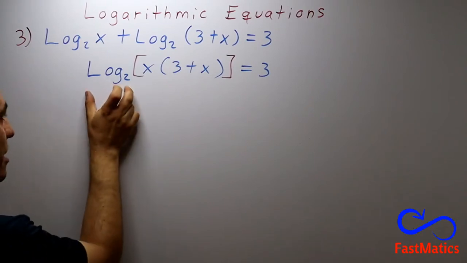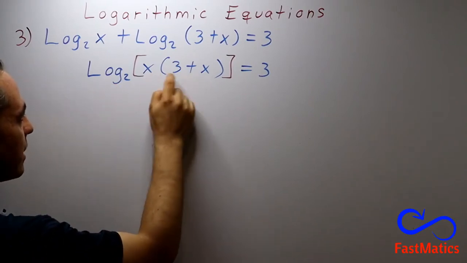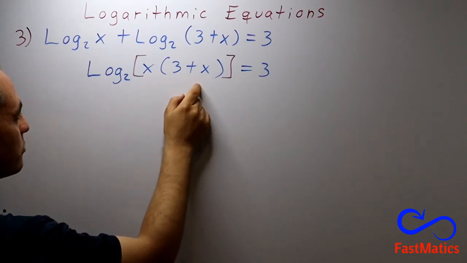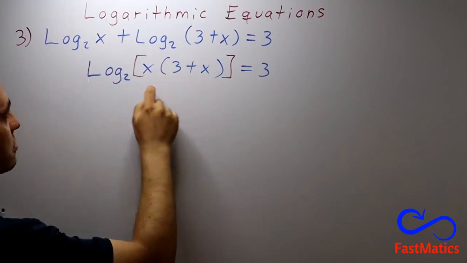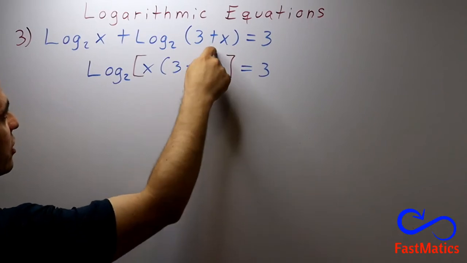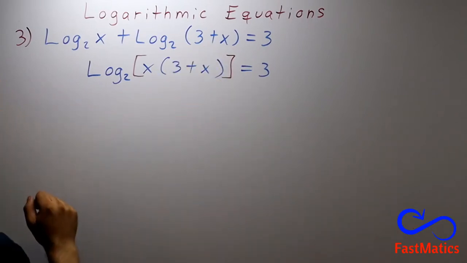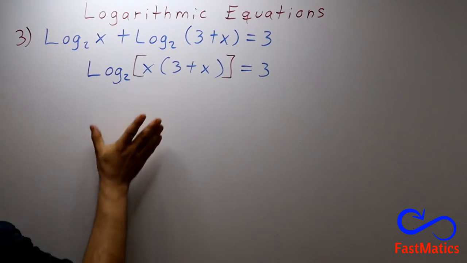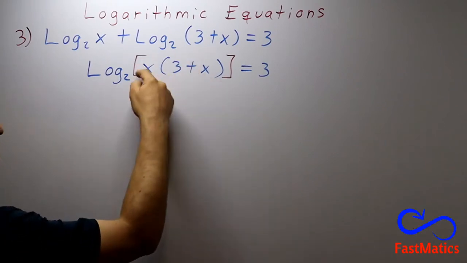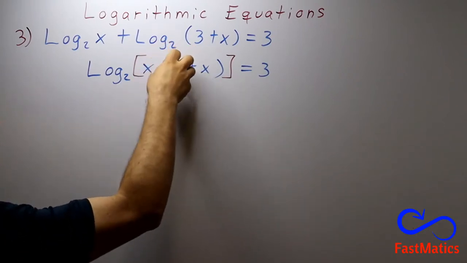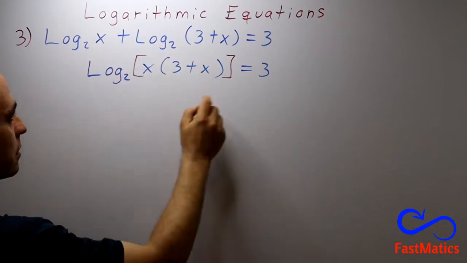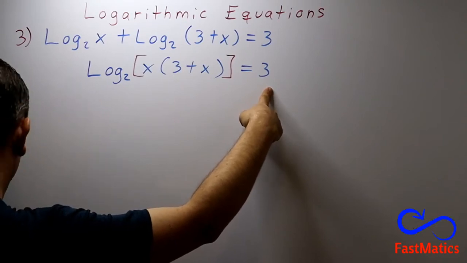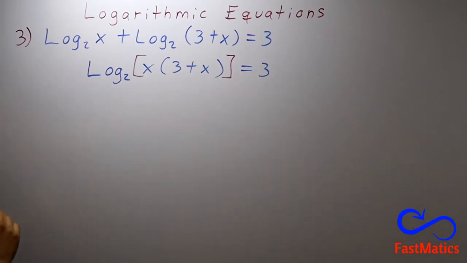Remember, the logarithm of a multiplication can be written as the logarithm of the first thing plus the logarithm of the second thing, the second factor, in fact. Now I have only one term, no matter how many things I have here. The logarithm of something is one term, and one term here, so I can start.